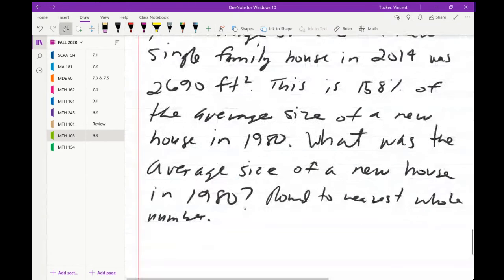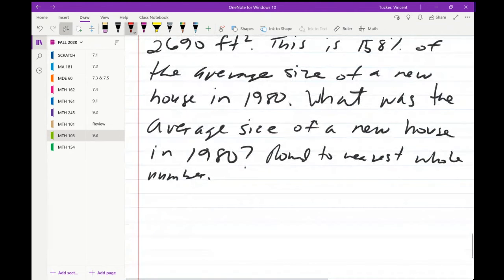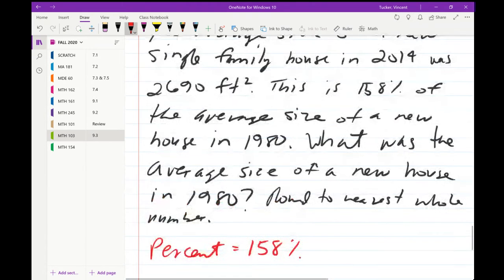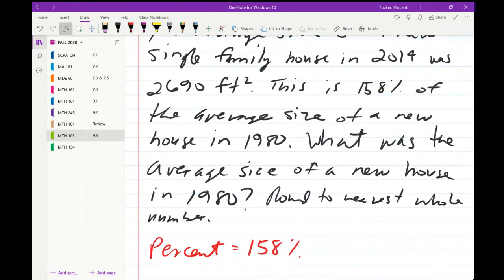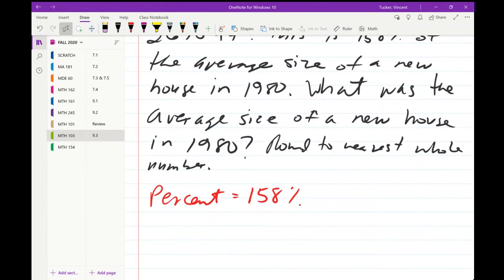So let's go back and see which piece goes with which. The easiest piece to pick out is our percent. We know our percent is 158. It says that single family house in 2014 is 2690. So now we need to figure out whether that 2690 is the base or the amount.